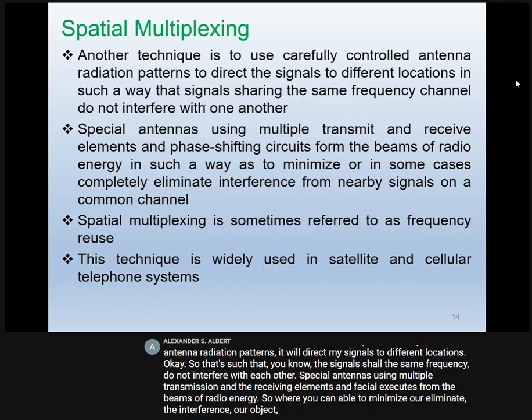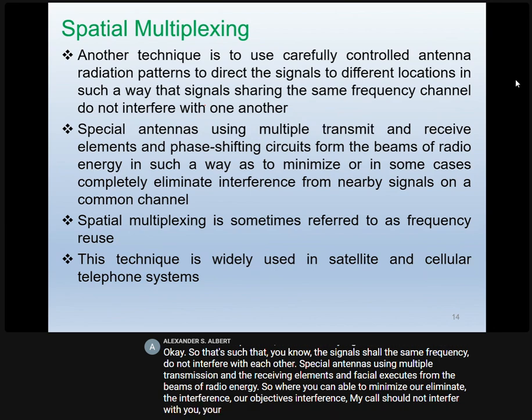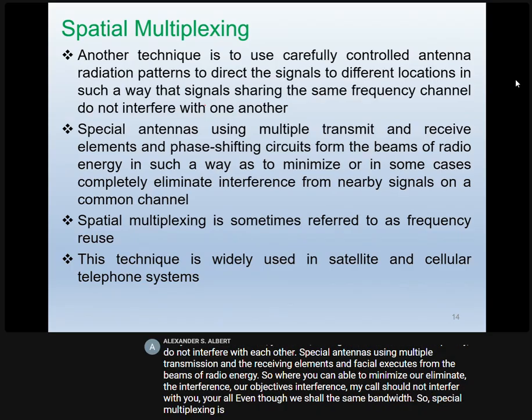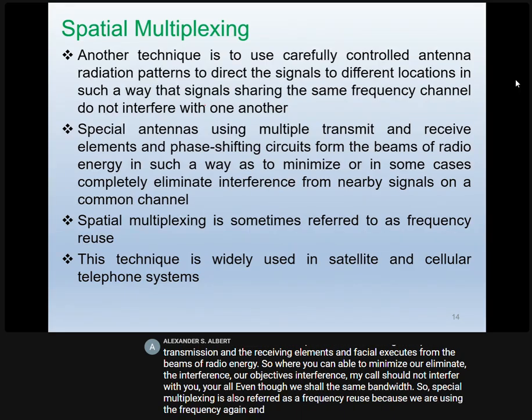Our objective is that my call should not interfere with your call, even though we share the same bandwidth. Spatial multiplexing is also referred to as frequency reuse, because we are reusing the frequency again and again to overcome this interference.